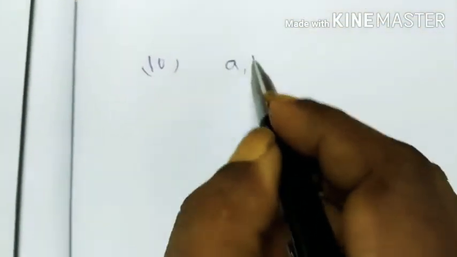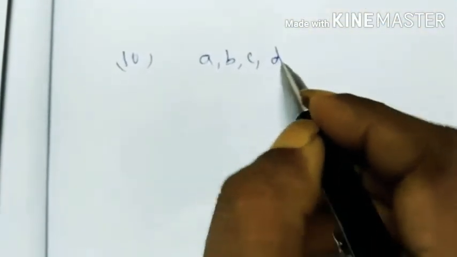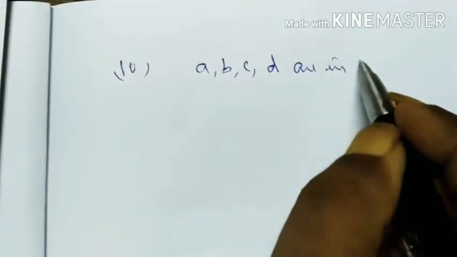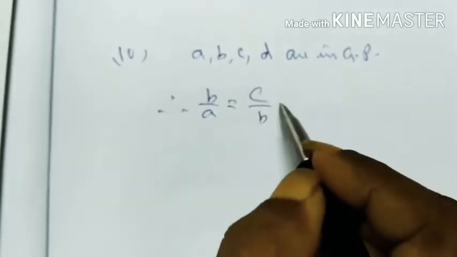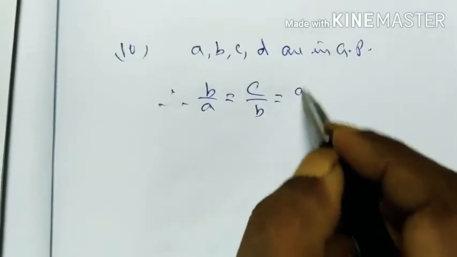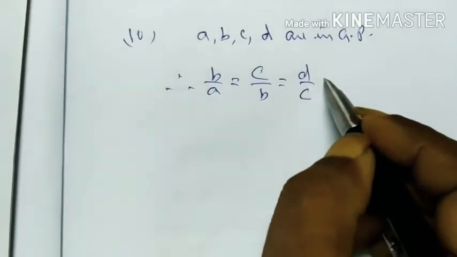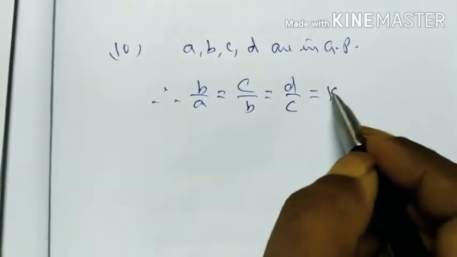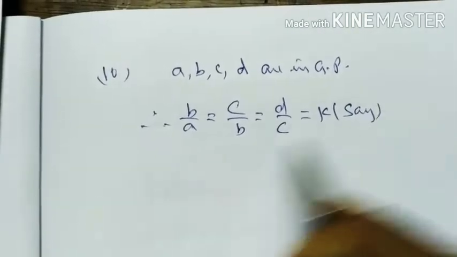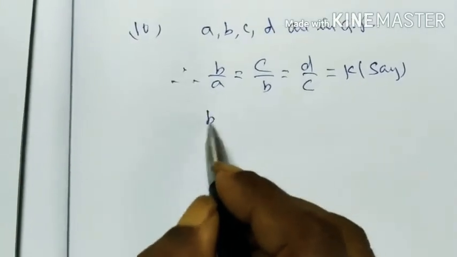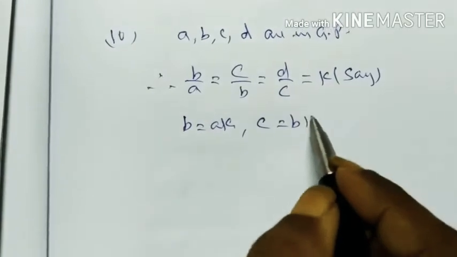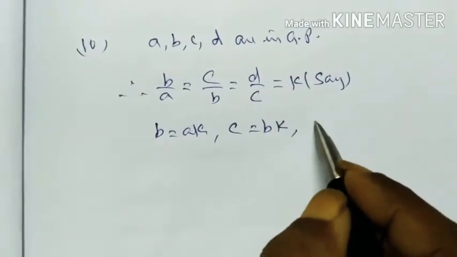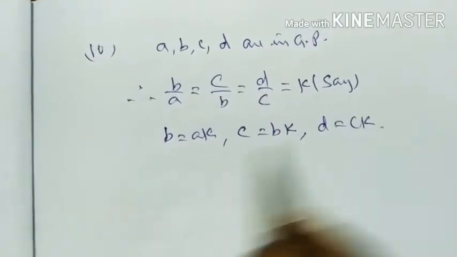Since A, B, C, D are in GP, therefore B by A is equal to C by B is equal to D by C. And I let it be K, see. So your B is equal to AK, C is equal to BK, and D is equal to CK.